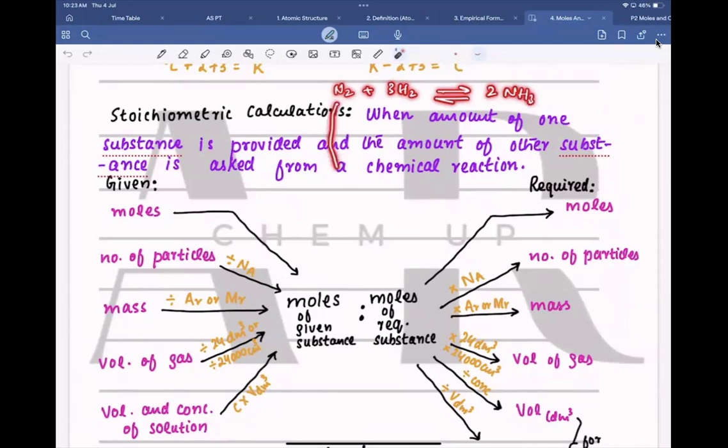For example, if the examiner says that 35 grams of nitrogen is used and asks for the volume of ammonia gas produced. So whenever you have a chemical reaction and the examiner gives you the equation, tells you the reaction and provides information about any one reactant or product, and asks you the amount of any other substance from the chemical equation, these kinds of calculations are called stoichiometric calculations. Is this clear? Yes, sir.